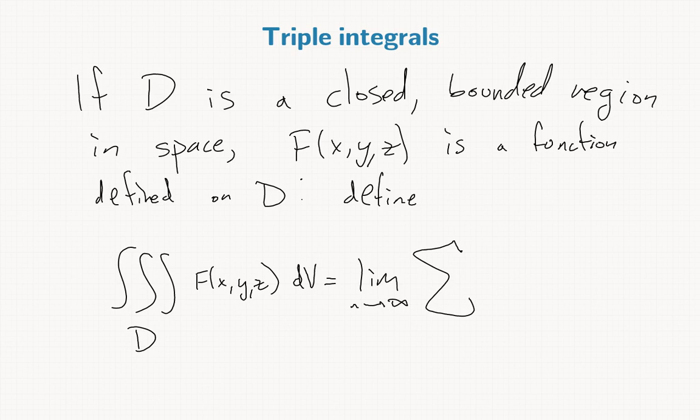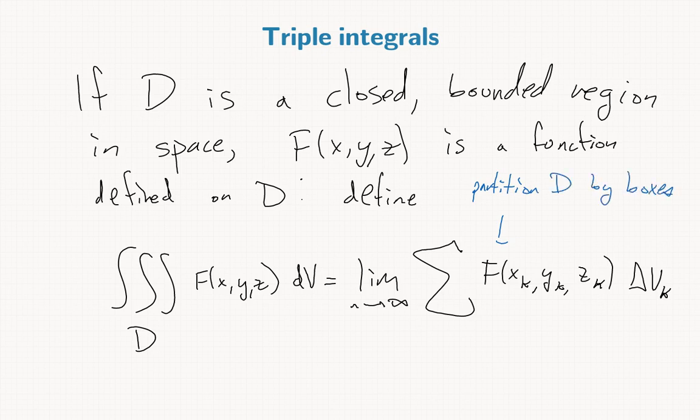Well, again, this will be the limit of Riemann sums where we try to approximate, so try to partition D by boxes. And so the volume of the kth box will be the product delta x_k, delta y_k, delta z_k, and again, under reasonable conditions.